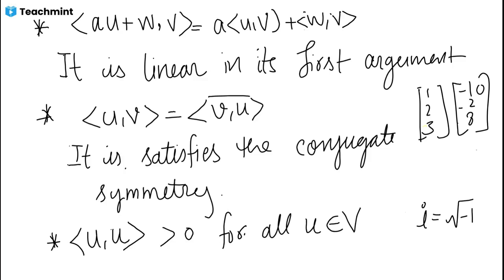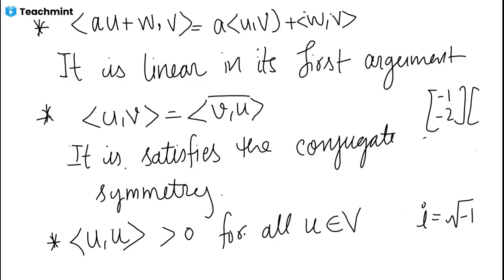But if we multiply a vector with itself, we take a square, and a square will always be greater than 0 unless u is 0. Yes, exactly.